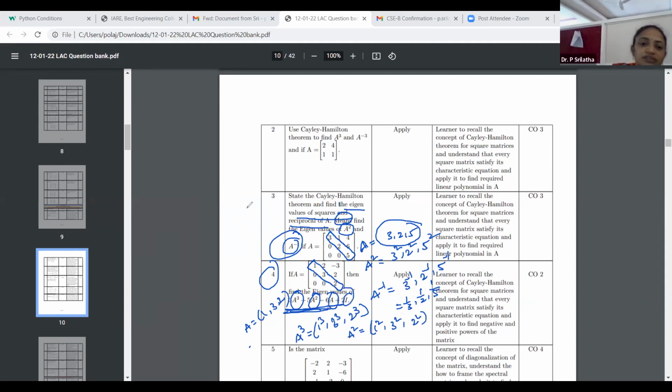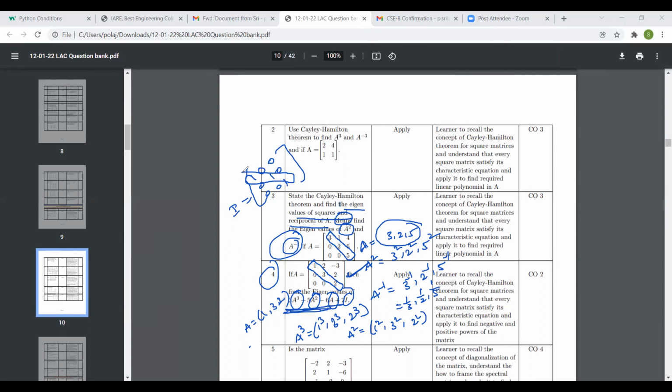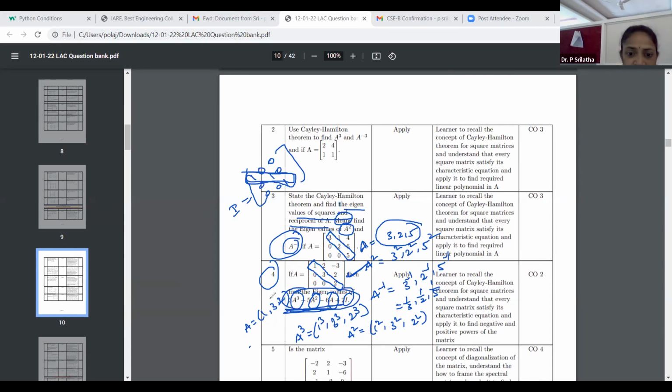What about the identity matrix? Here we have a 3 by 3 matrix, so the eigenvalues are 1, 1, 1. So all the eigenvalues you have to substitute here, then simplify.